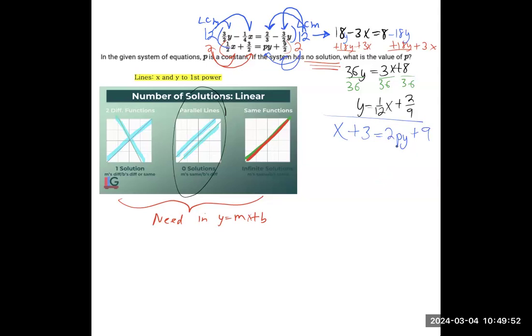So now we can take away 9 from both sides. We'll have 2py equals x minus 6 on this side. Just kind of flip it around. Now we can make that a little neater.